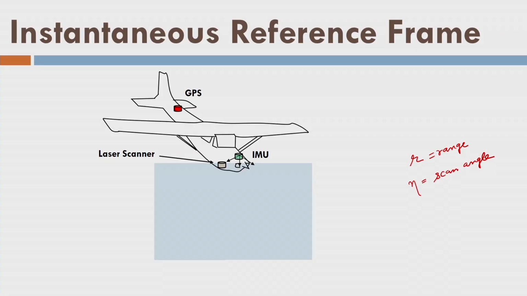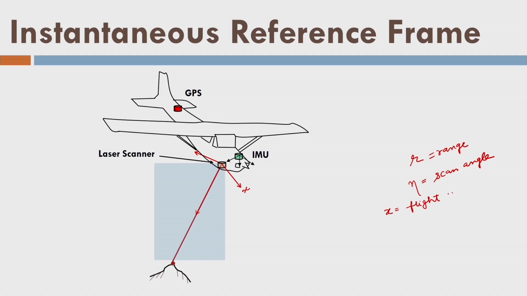So let us consider one point on the surface of Earth, and this is the laser pulse. Let us define the instantaneous reference frame. So in case of instantaneous reference frame, the x-axis is in the flight direction, or the nose of aircraft, and what about the z-axis?